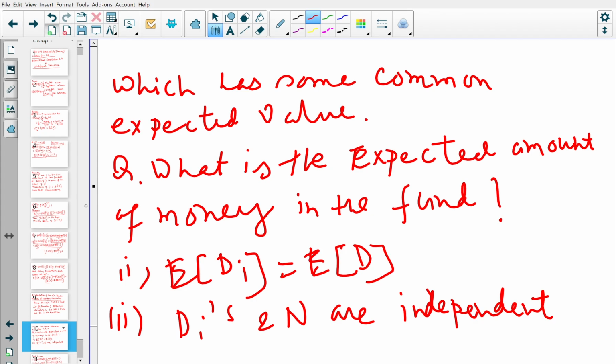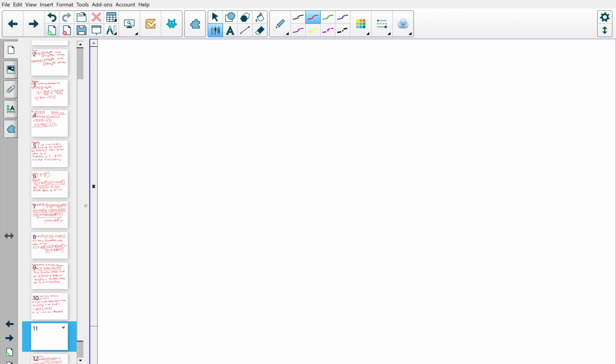Now let me try to understand this problem. The question is about finding this new random variable Y. So Y is the summation of D_i, i equal to 1 to capital N. Capital N is the random variable.